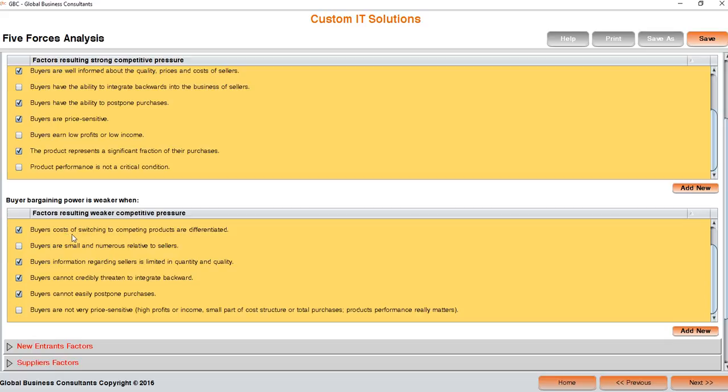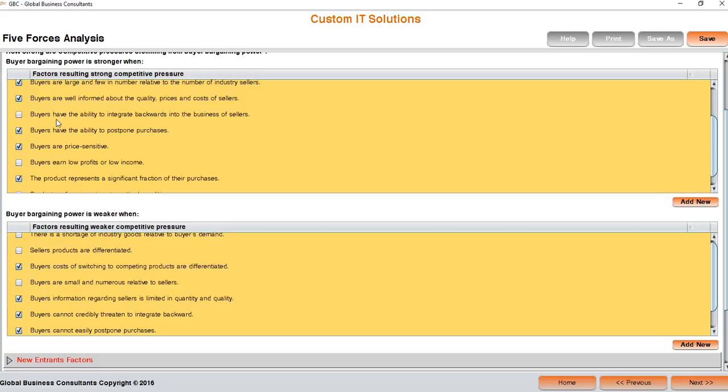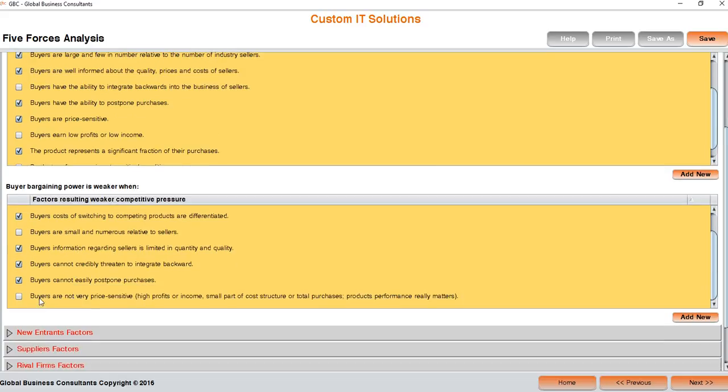Buyer costs of switching to competing products are differentiated. Buyers' information regarding sellers is limited. Buyers cannot credibly threaten to integrate backward. So basically, the threat from buyers entering our market is relatively weak compared to their strength in entering the market.